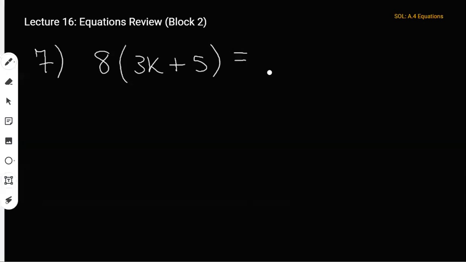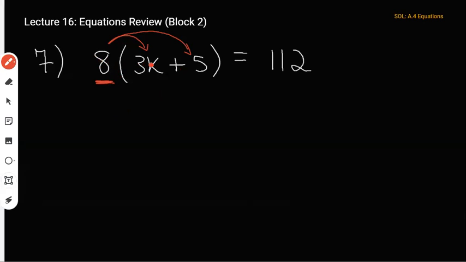We're given 8 times 3k plus 5 is equal to 112. So the first thing that I notice is I have a number on the outside, the 8. What I can do with that is I can multiply it by everything on the inside. So I'm going to multiply the 8 by the 3k, but I'm also going to multiply the 8 by the 5. So what happens when I do that?